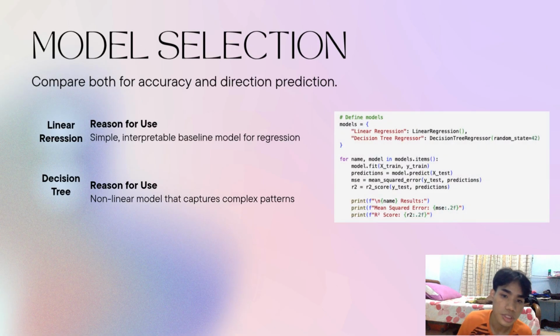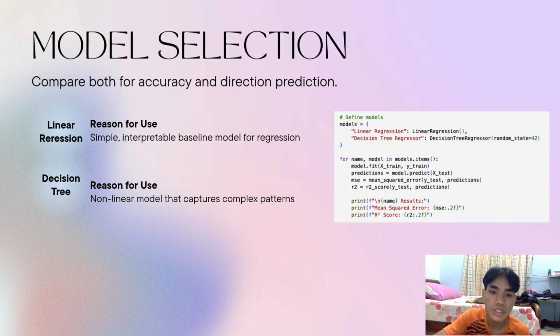For model selection, we compare both accuracy and direction prediction. Linear regression is simple and interpretable, and it is a model for regression.